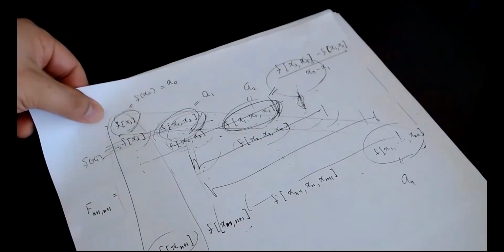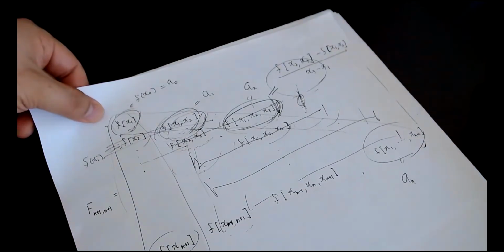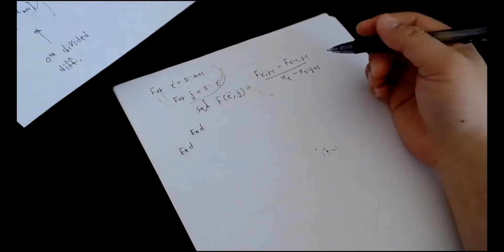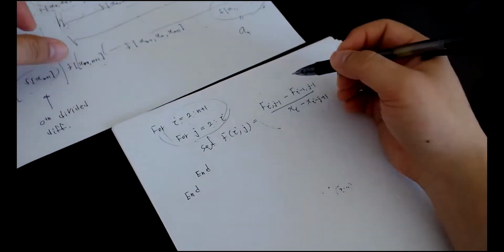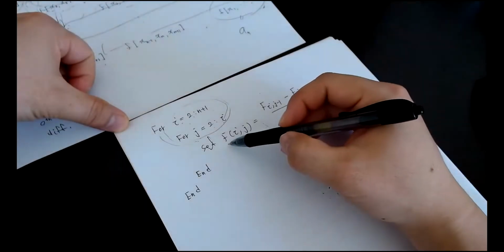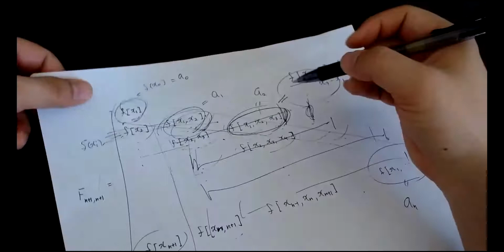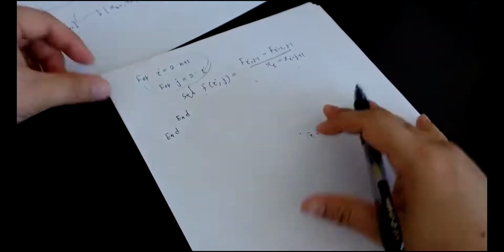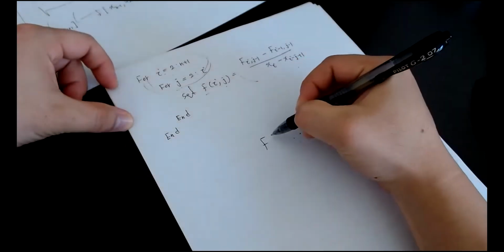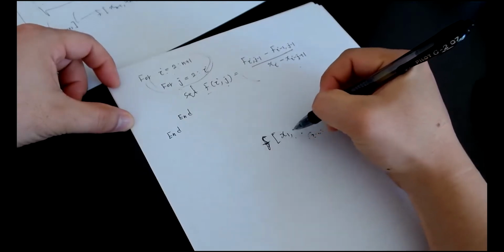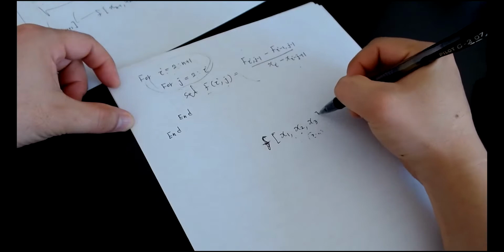Okay. So now for here, the f[i, j], we have f[x1, x2, x3].